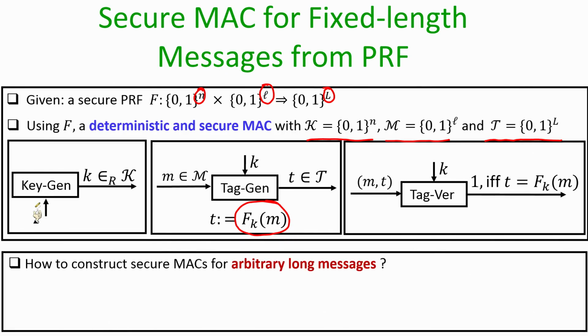Now, our goal is to construct secure MACs for arbitrary long messages, because in practice there is no restriction that a message size should be big L bits. It could be less than big L bits, it could be larger than big L bits, and so on.